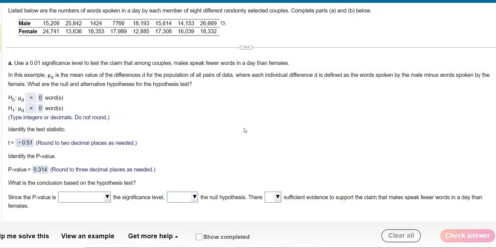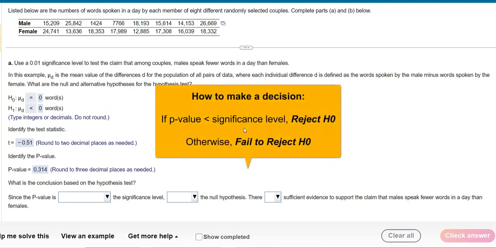So now we need to make a conclusion. First we need to decide if we are going to reject or if we are going to fail to reject the null hypothesis. And the way we do that is by looking at the p-value and comparing it to our significance level. The rule is if the p-value is less than the significance level, then we will reject the null hypothesis, reject H0.